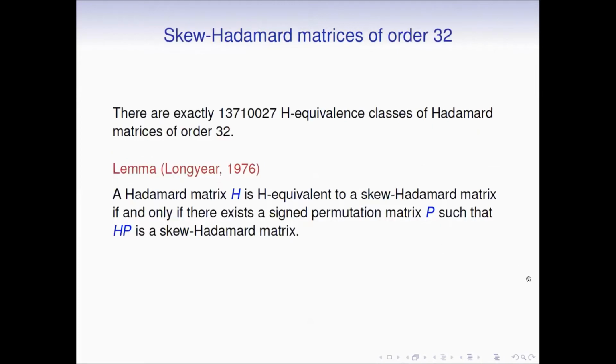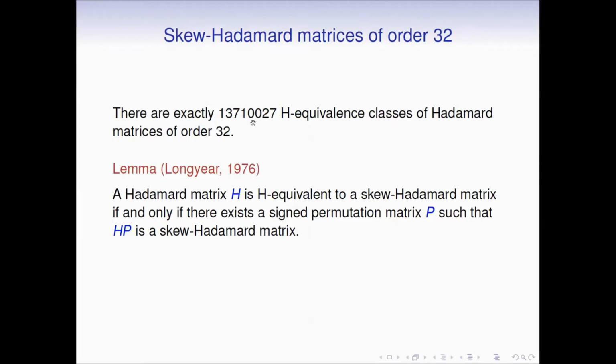So first we try order 32. The question is how many Skew-Hadamard matrices exist in order 32? We use the classification of Hadamard matrices in order 32. This classification is known. There are about 13 millions of them.